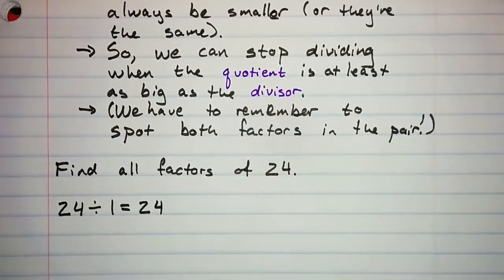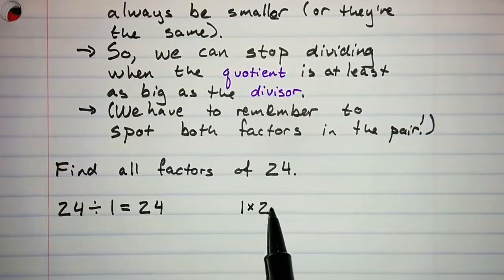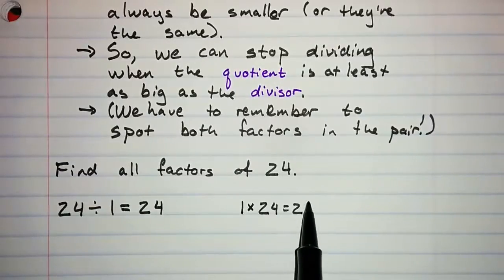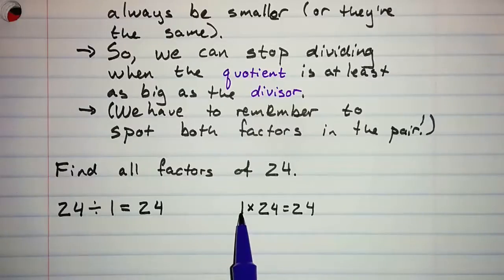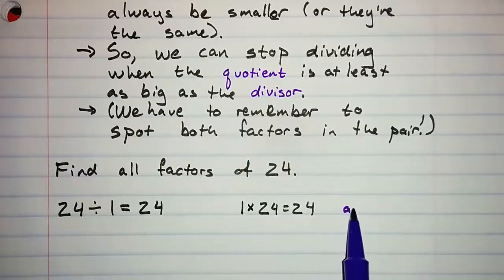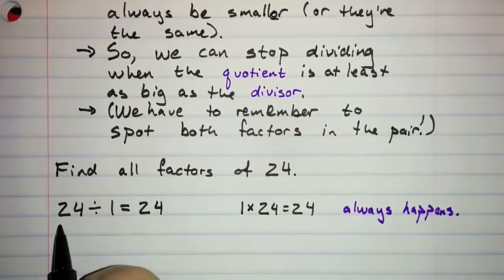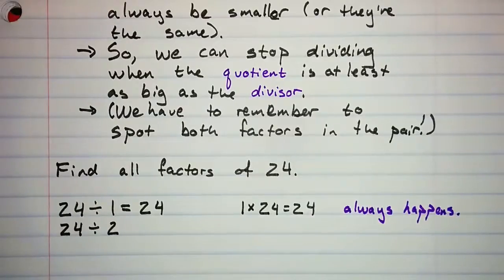This division sentence is the same as the multiplication sentence. 1 times 24 is 24. And we'll always get this one. This shows us that 2 of the factors are 1 and the number itself. That always happens.